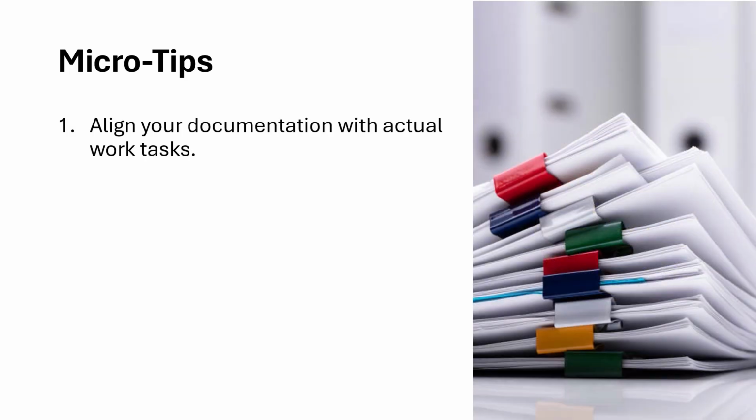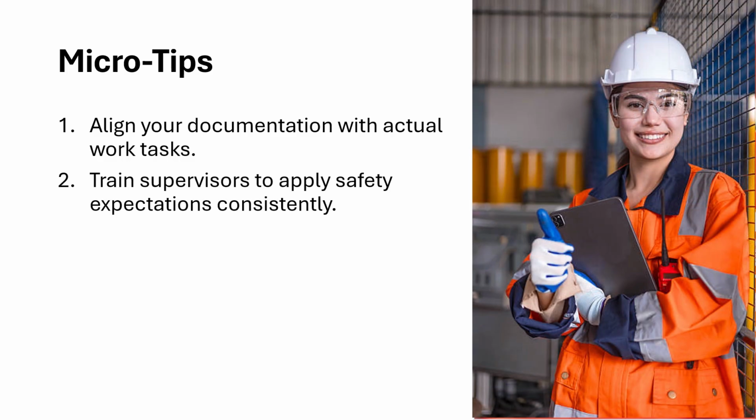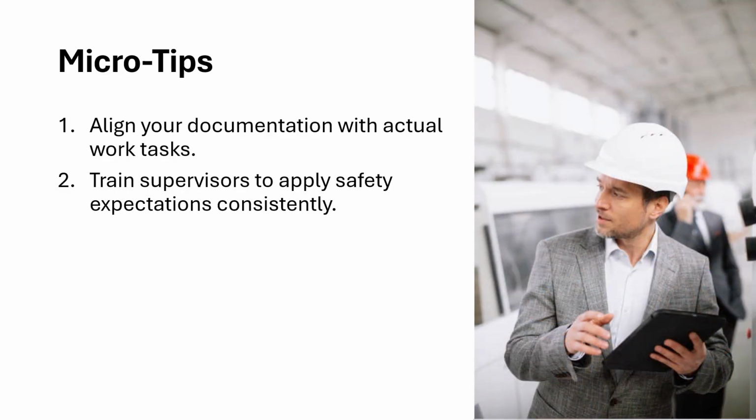First, align your documentation with actual work tasks, because generic or outdated procedures create gaps, which show up immediately during interviews and worksite observations. Second, train supervisors to apply safety expectations consistently, because inconsistent enforcement leads to mixed worker responses, which directly lowers audit scores.